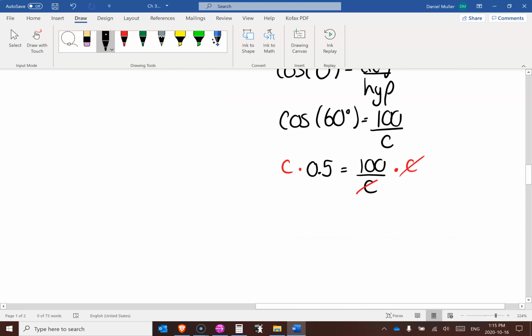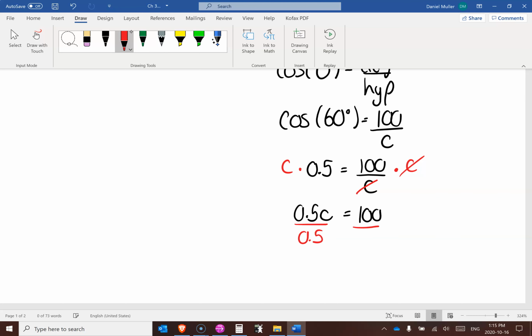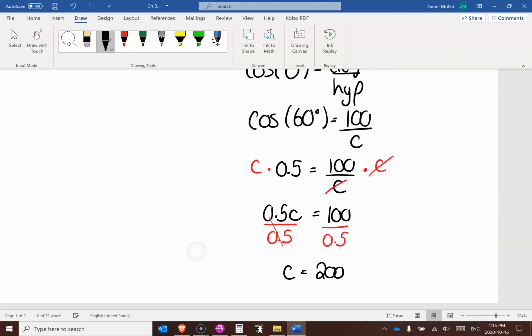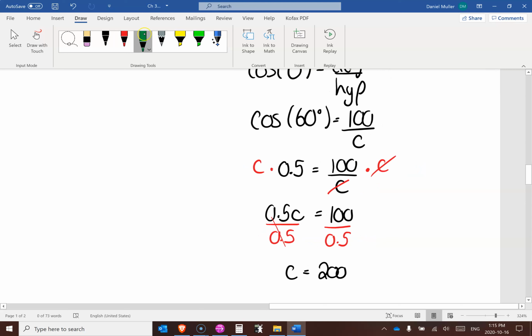So 0.5 times C is equal to 100. So I can divide by 0.5 and divide by 0.5, and it cancels out. So C is equal to 100 divided by 0.5, and that is 200. Now, how do you know that? Just as a side note, you have 100 divided by 0.5, which is actually 100 divided by 1 over 2.